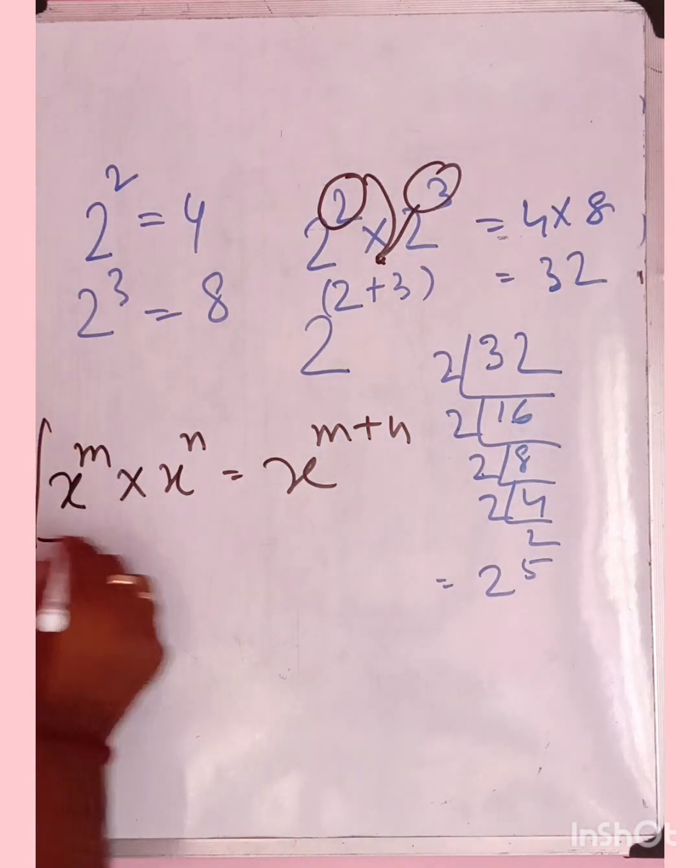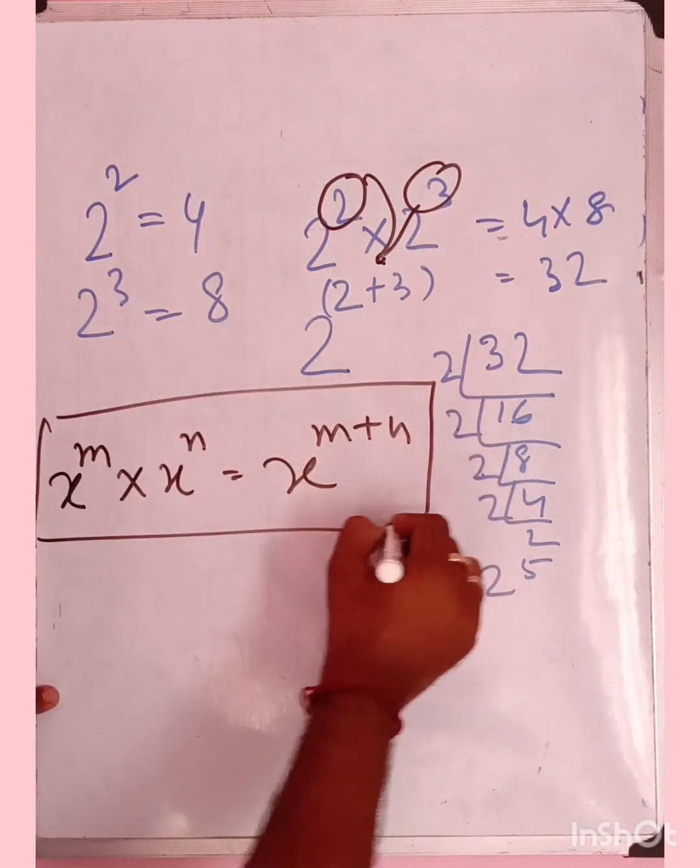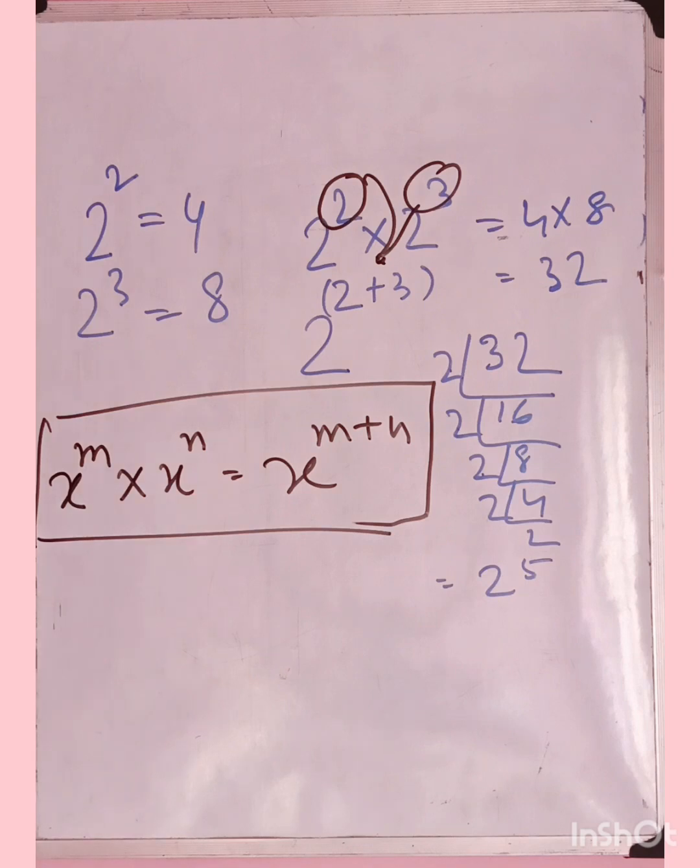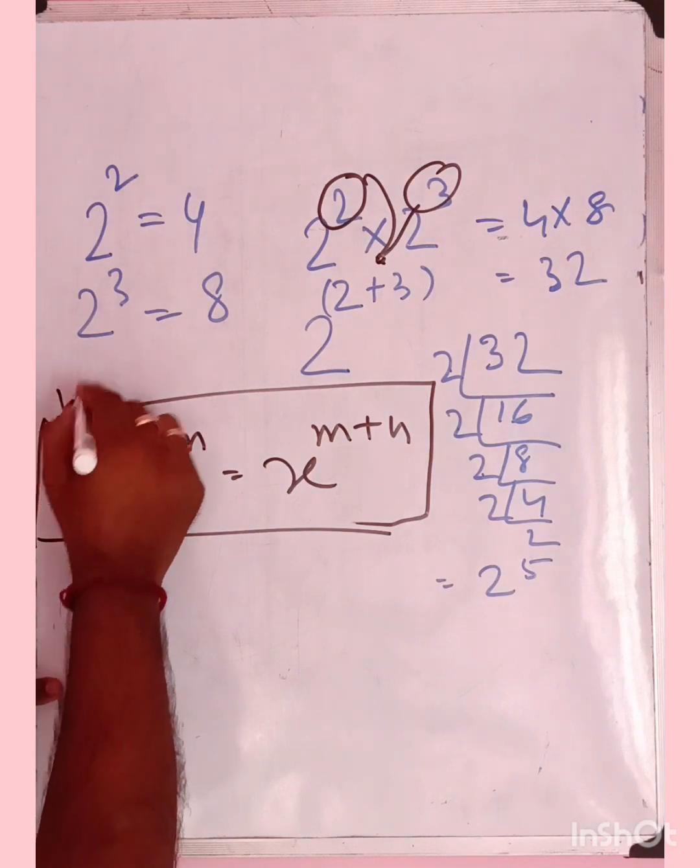Very important rule or law of indices. First law of indices: x to the power m into x to the power n equals x to the power m plus n. First law.